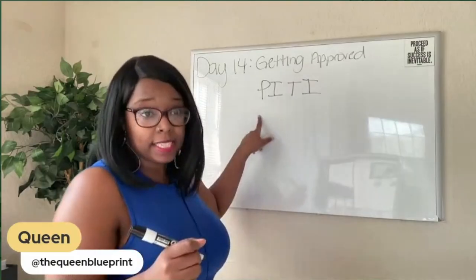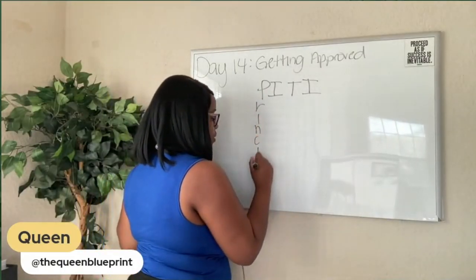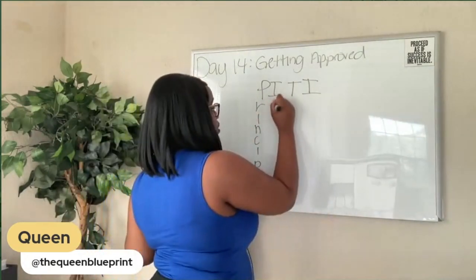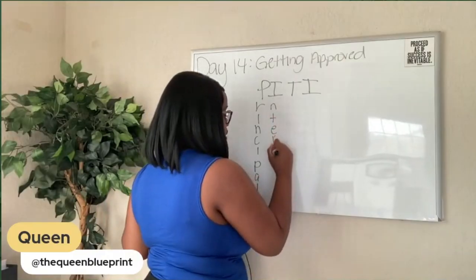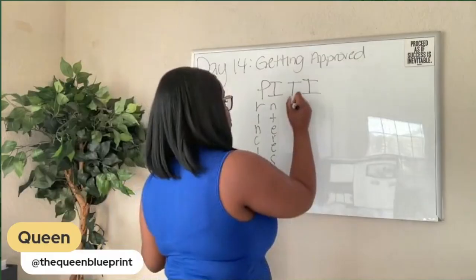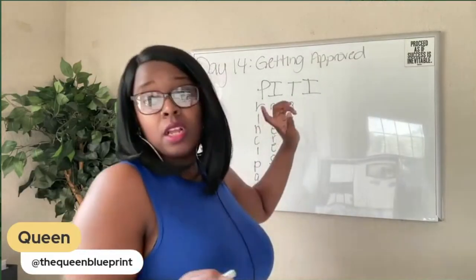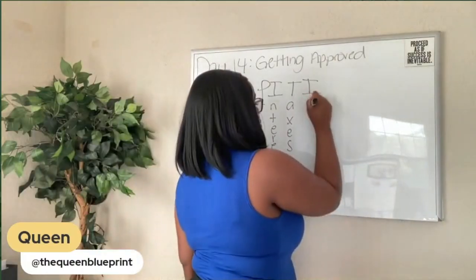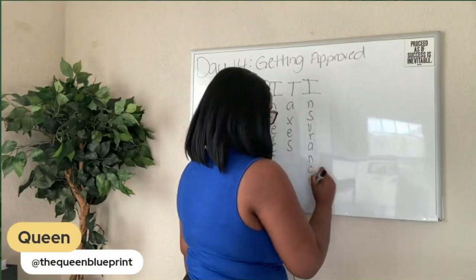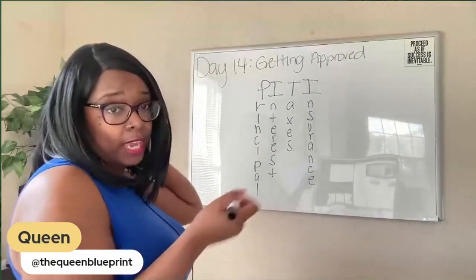So PITI is principal, all right, interest, taxes. Remember I said how important your taxes are? Insurance. Okay? All right. Yes, your taxes need to be filed correctly, but this means that you're going to actually pay them.